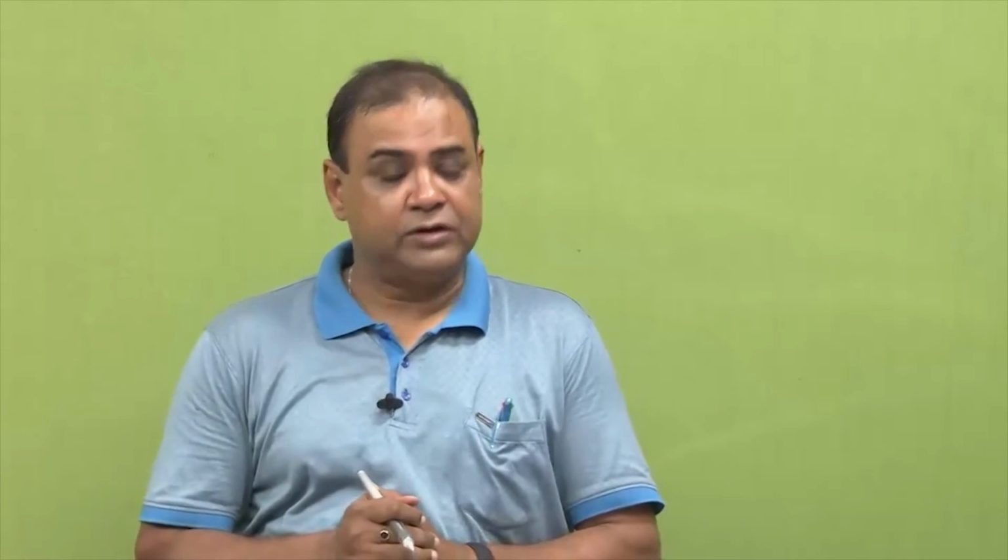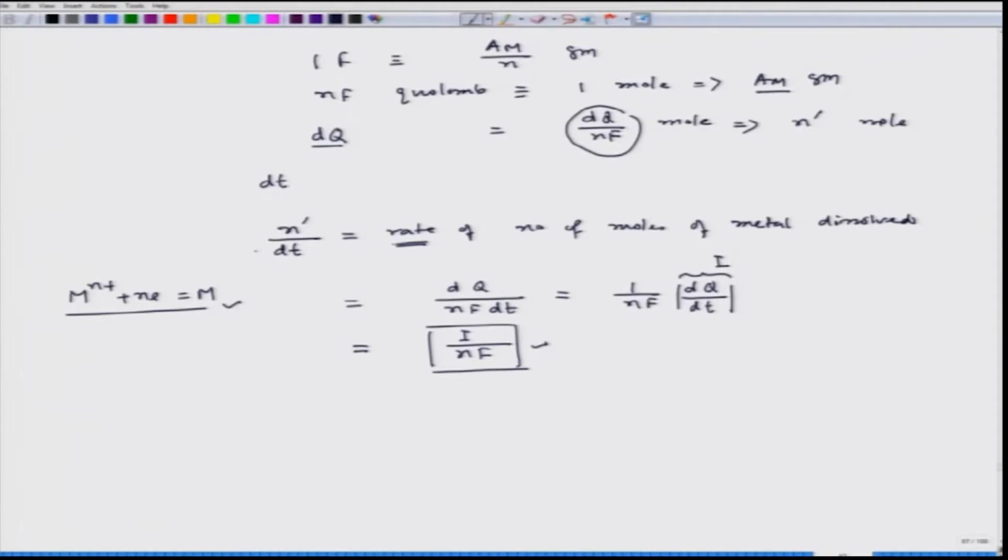The exposed area is where this reaction will take place, not in the bulk of the metal. So, until we normalize it with area, we will not get the proper expression for the corrosion rate. So, we have to divide it by area.